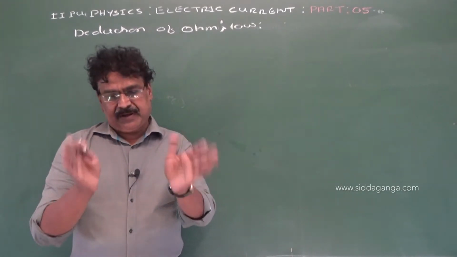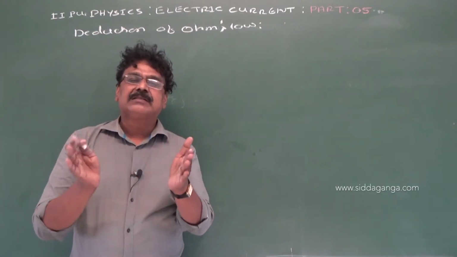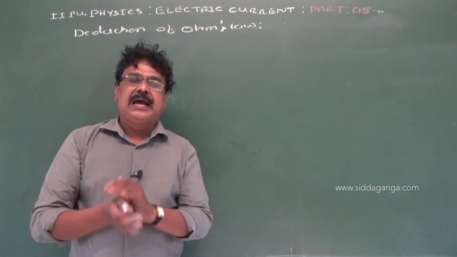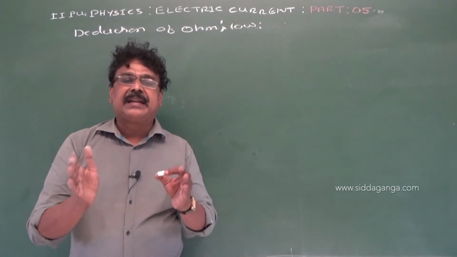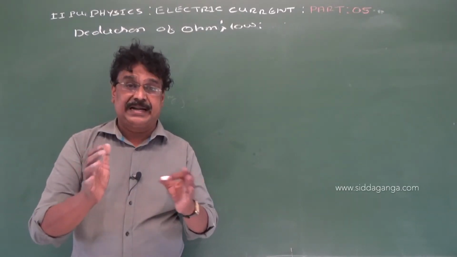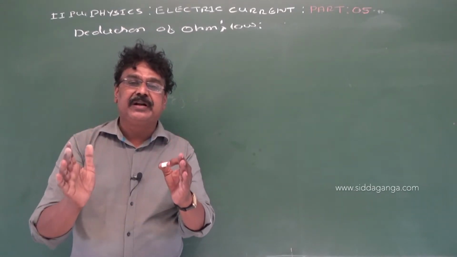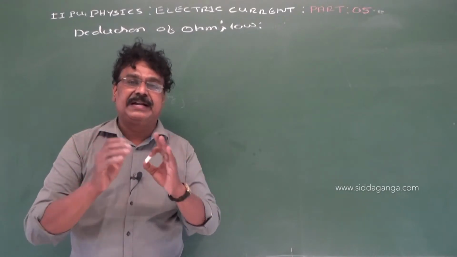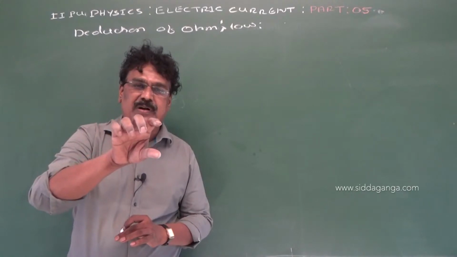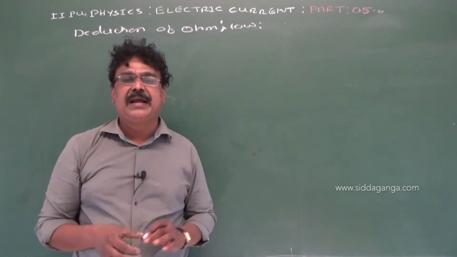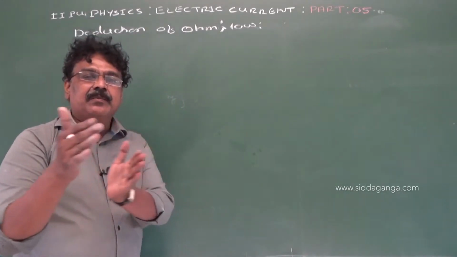Now, we are familiar with the statement also. It states that at constant temperature and other physical conditions remaining the same, electric current flowing through a conductor is directly proportional to potential difference between the ends of the conductor. That means current I is directly proportional to potential difference V. Now theoretically, or mathematically, we can prove that relation.